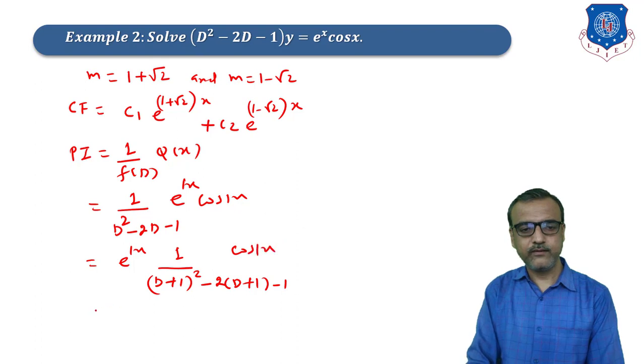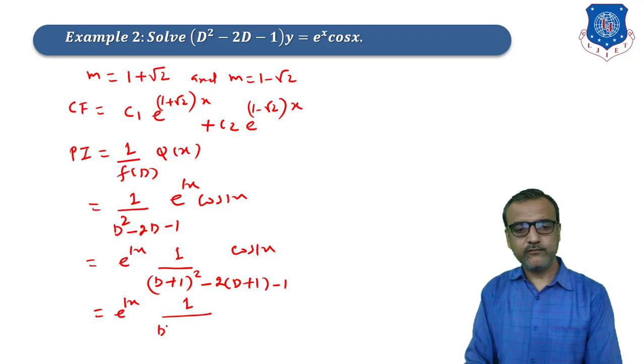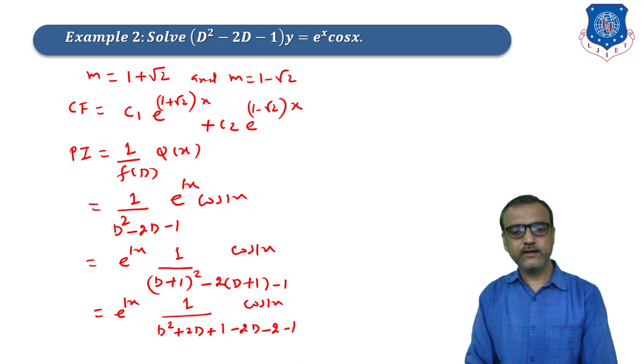Now we will simplify the result. 1 upon, applying the formula of (a plus b) the whole square on (D plus 1) the whole square, we have d square plus 2d plus 1, multiplying (D plus 1) by minus 2, so we have minus 2d minus 2 minus 1, and cos 1x will be as it is. Now we will simplify this result.